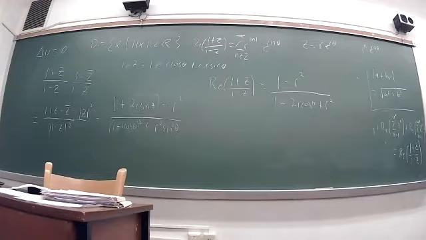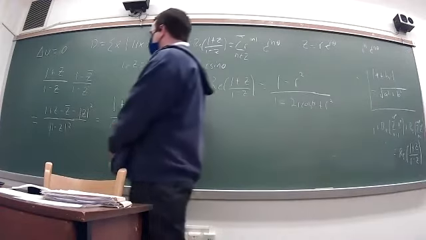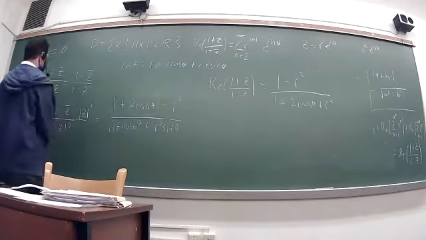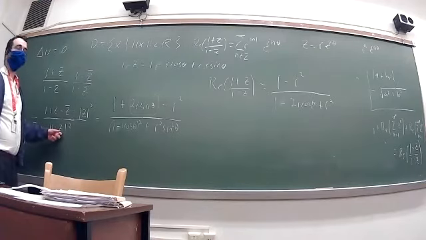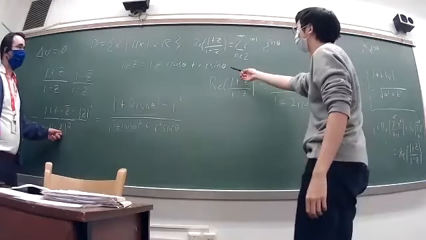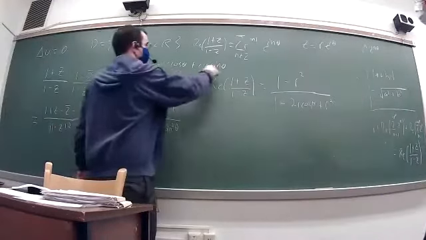Is it 1 minus z hat or 1 minus z, as it's right there? I mean, not z hat, z bar. It's 1 minus z, right here. If that's 1 minus z, shouldn't that be negative? Yeah, sure.